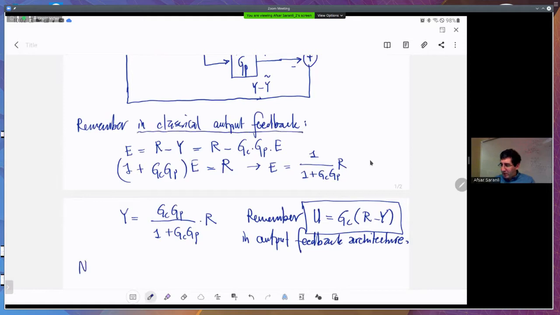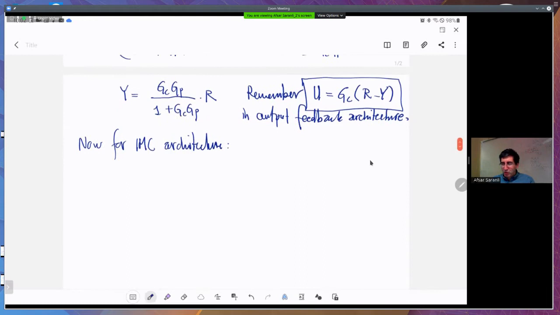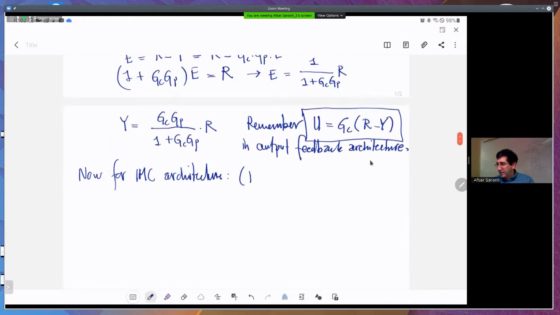Now for the IMC architecture, we will do the same. Okay, so we will try to remember the basic question: how can we derive gc star, and how does it relate to gc?